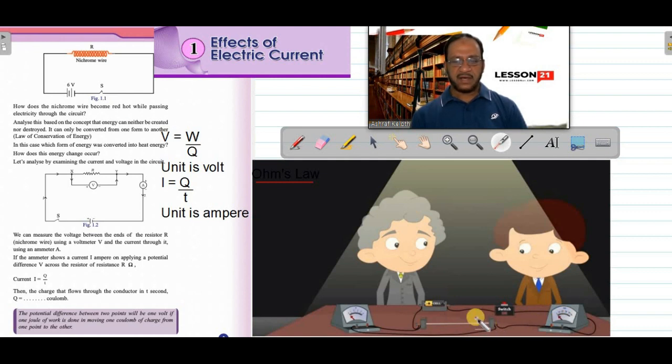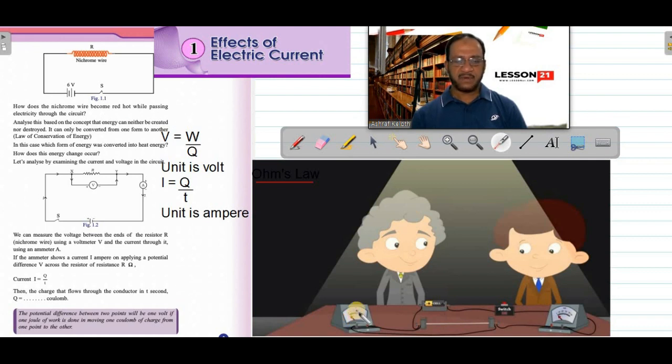From the positive of the cell, it goes to one end of this high resistance wire, then from the wire to the positive of the ammeter, then from the negative of the ammeter to the switch, and from the switch to the negative of the cell. So this is a series circuit. And this is the voltmeter. Voltmeter is used for measuring the potential difference.